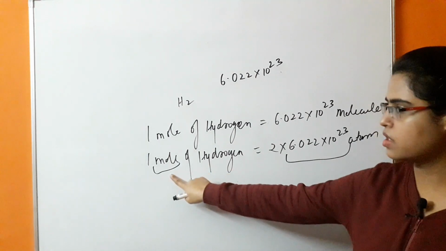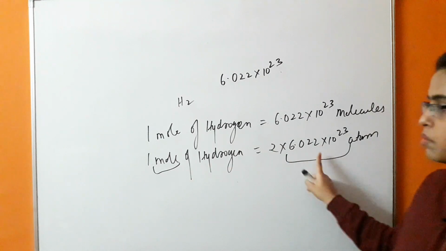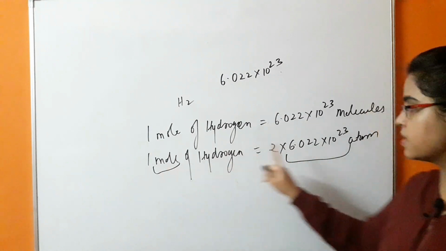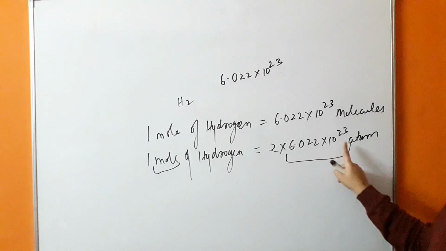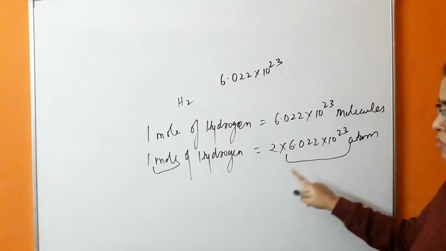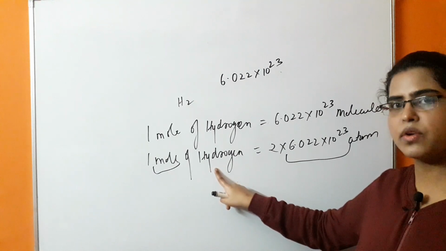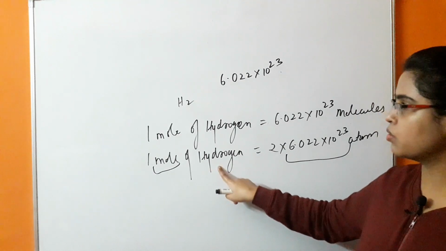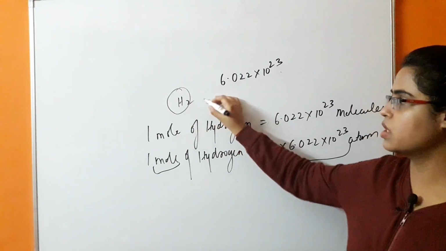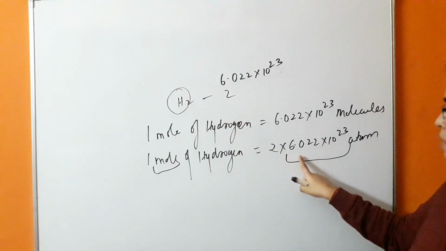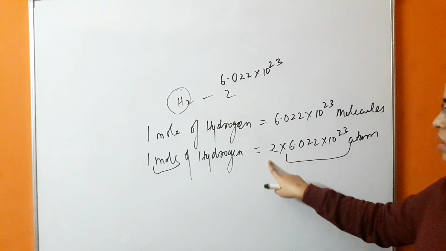So this mole represents Avogadro's number. It means 1 mole of a substance has 6.022 into 10 to the power 23 particles. If we take hydrogen and calculate the number of atoms, we know that 1 molecule of hydrogen has 2 atoms, so we multiply Avogadro's number by 2.